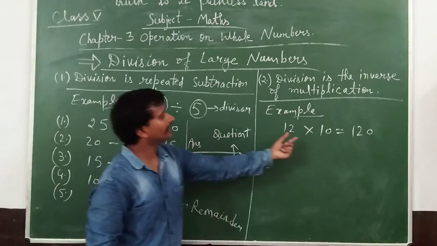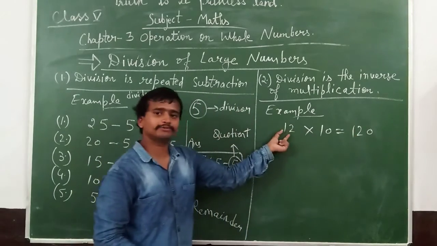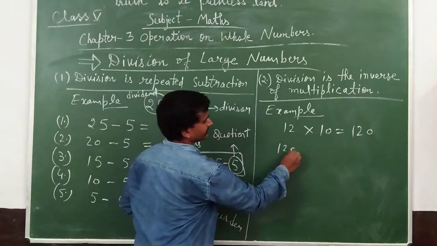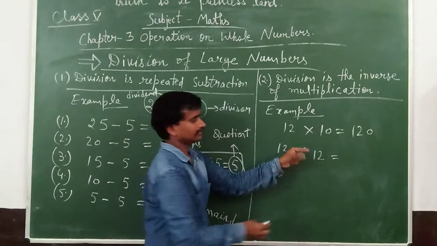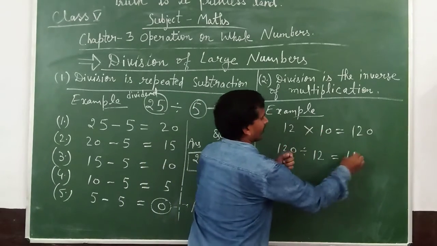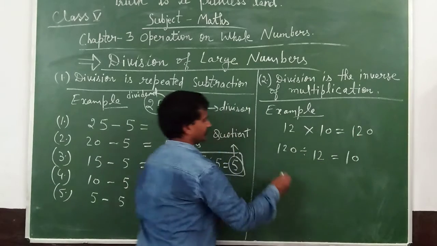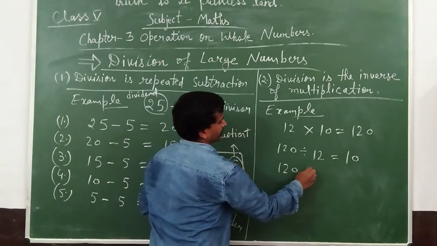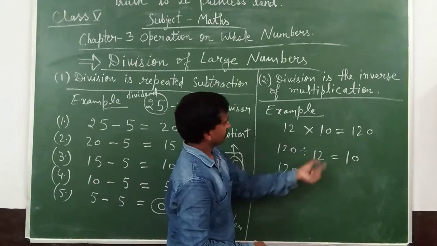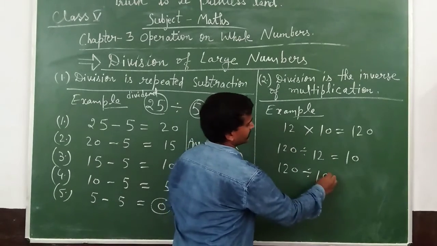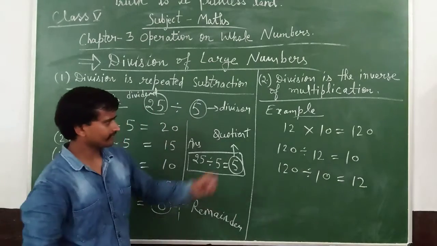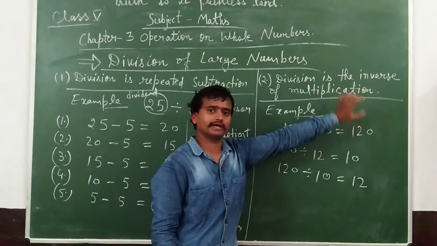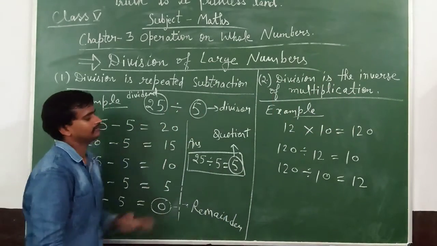And when 120 is divided by 12, it gives us 10. And if 120 is divided by 10, then it will give 12. So we can say division is the inverse of multiplication.